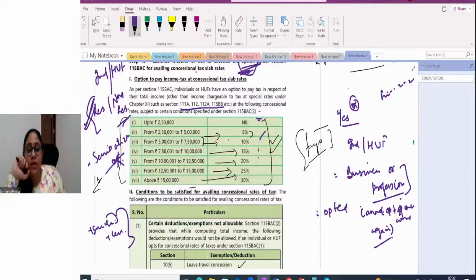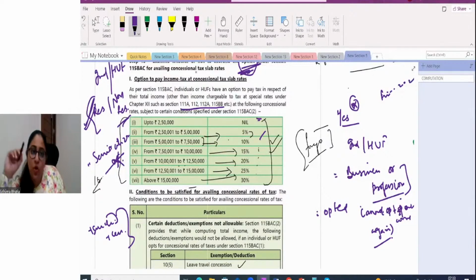See, the point is not whether 115BAC applies if during the previous year the business is shut down. You have to clearly understand that you are taking 115BAC for so many years. Even if during the year the business got shut down, but there is certain business income for 6 months, correct? So you cannot say that this year I will not do it and will start the next business.